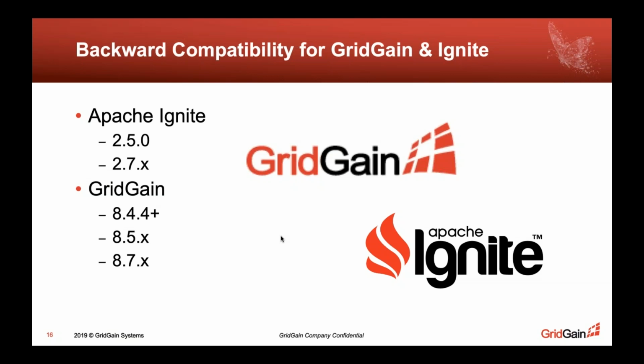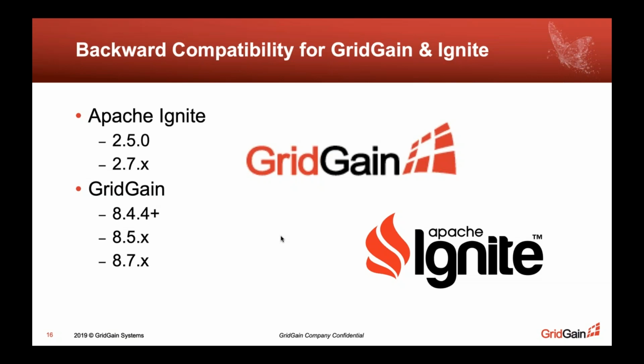If I was running Ignite 2.5, or say 2.7 something, I would build that version from that branch in the repository. That is no longer the case.